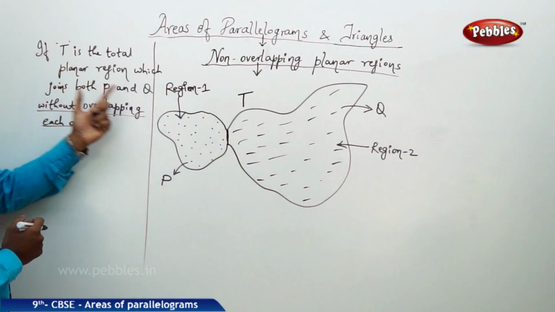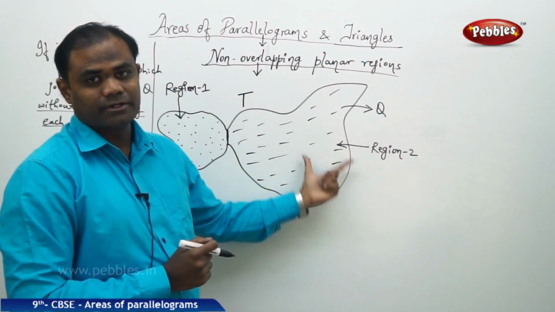Now T is the total planar region which is obtained by region 1 plus region 2.